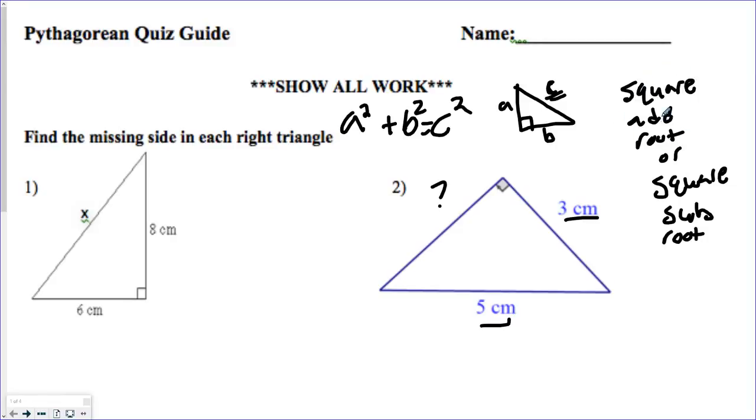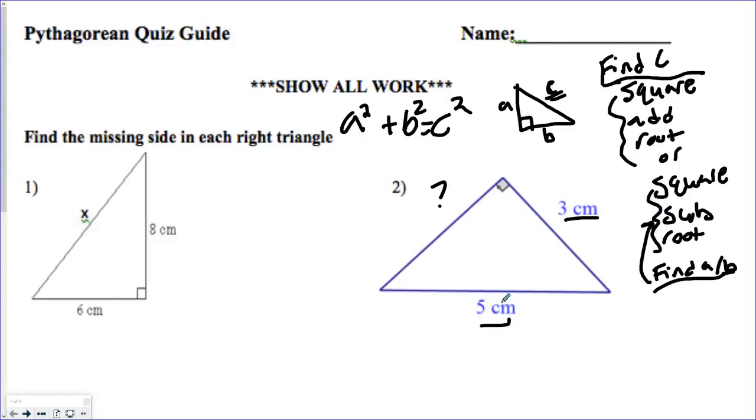The adding pathway happens when you want to find C. So when you want to find C, that's when you do this stuff here. If you need to find A or B, that's when you do this stuff here. That's when you subtract.